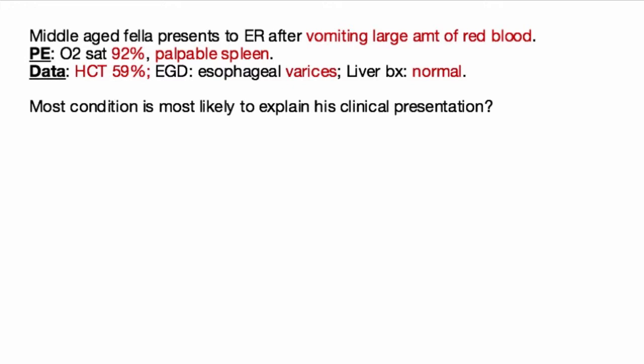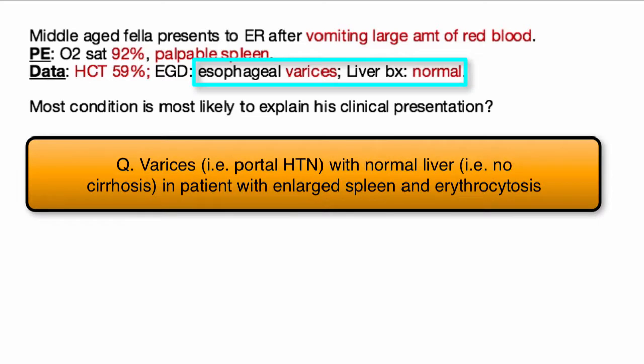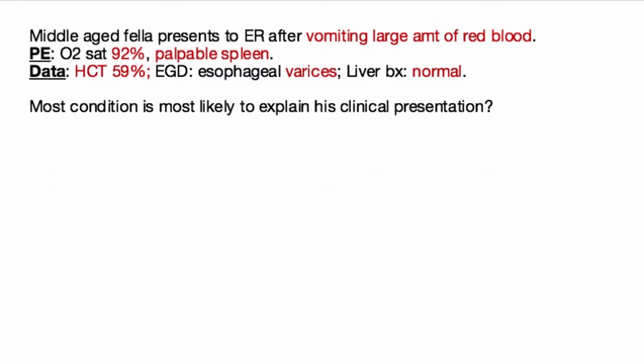The question goes on to describe esophageal varices. So how do you get varices? You get that from portal hypertension. Most common cause is going to be cirrhosis, but then they tell us the liver biopsy is normal. So you have a normal liver biopsy in a patient with a big spleen. So how can you develop portal hypertension without involving the liver?